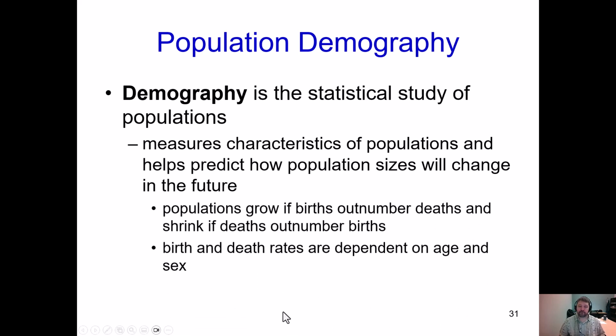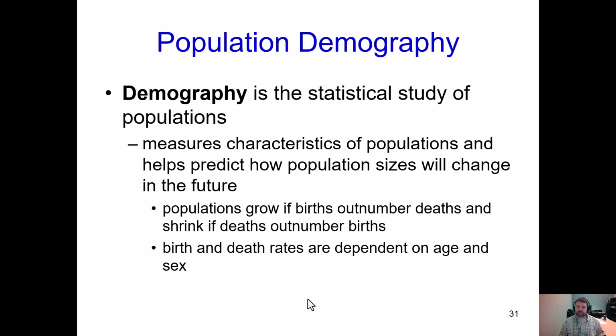And so it's pretty basic, and we've talked about this before when we talked about how populations grow. Remember, we said there are two ways a population can grow. We have exponential growth, where you have a doubling of the population over time, and then eventually that would reach a carrying capacity and turn into logistic growth.